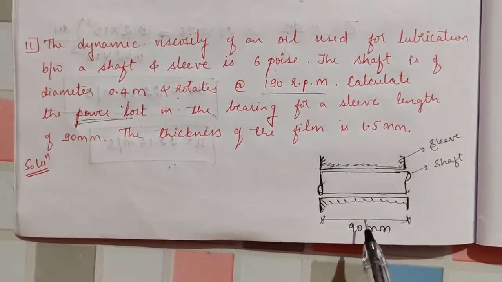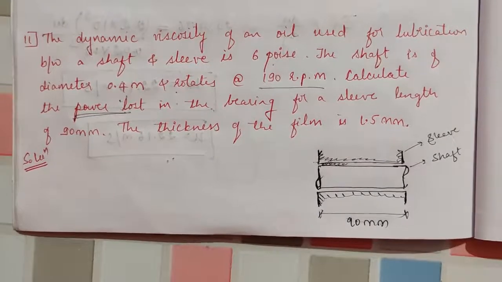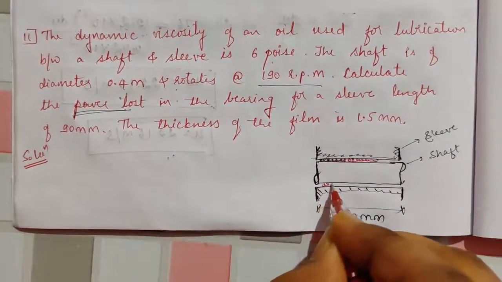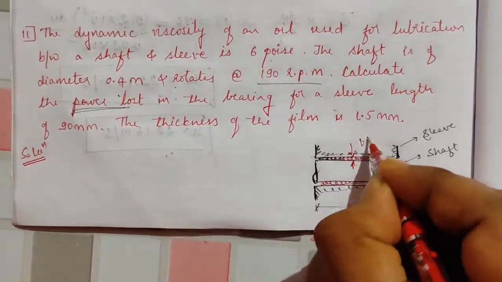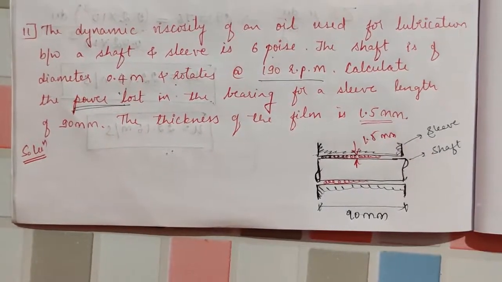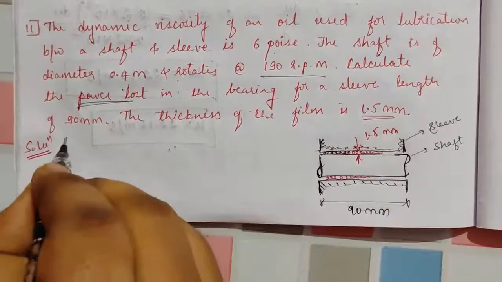Okay, and the thickness of the film. The thickness of the film means the oil film thickness, which is 1.5 mm. It's given here. So what are the given values?